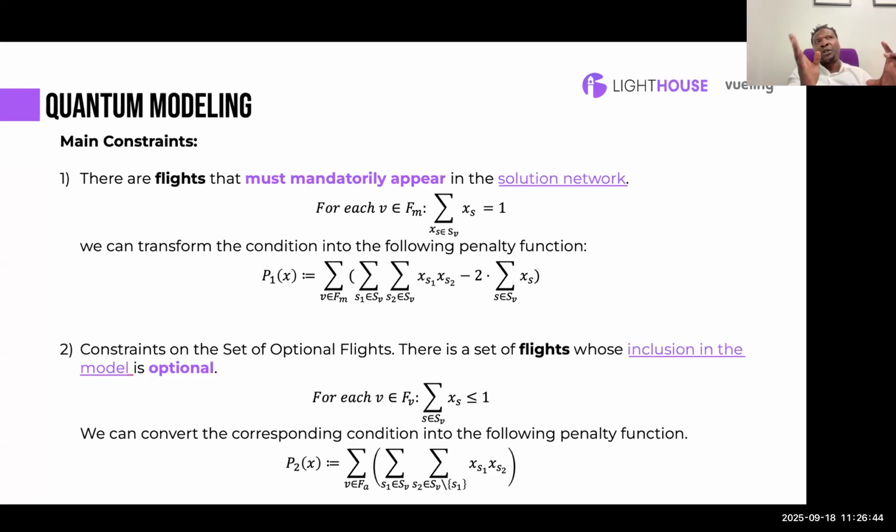The only thing that we need is to convert the restrictions to penalty functions, which is what we are seeing in this slide. The mandatory flight restriction, we can convert into this penalty function. The optional restriction we also convert to this penalty function.